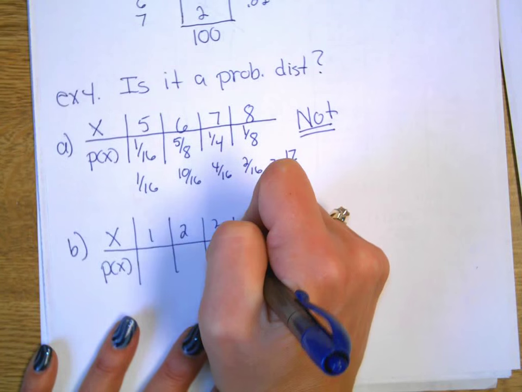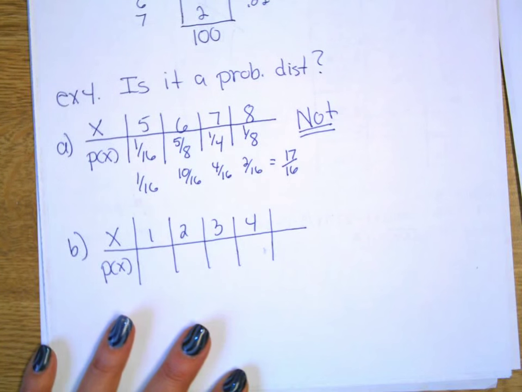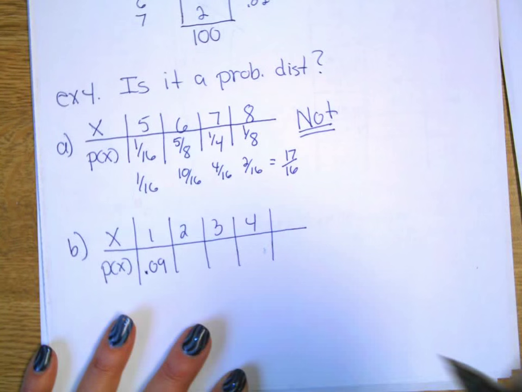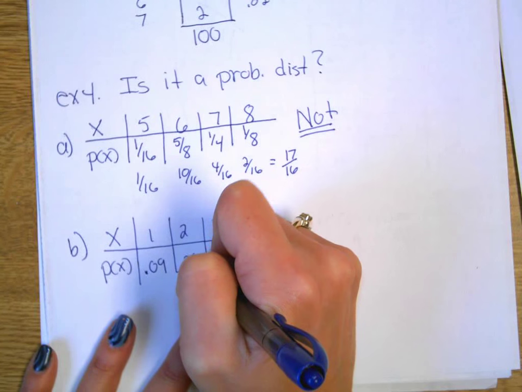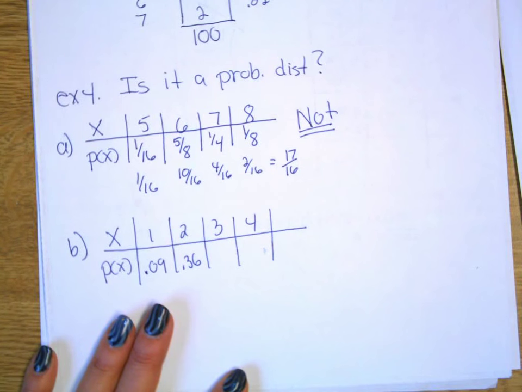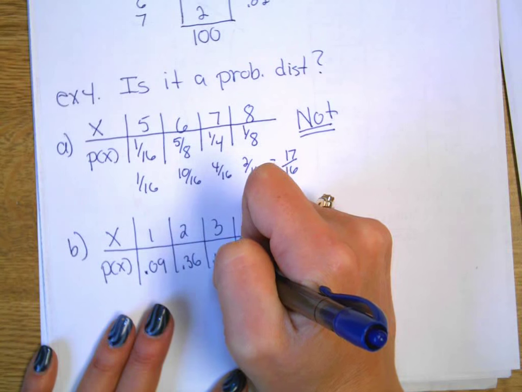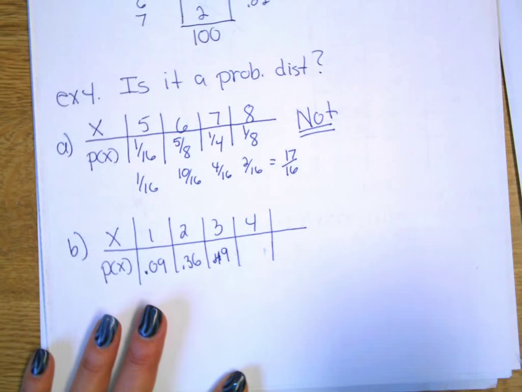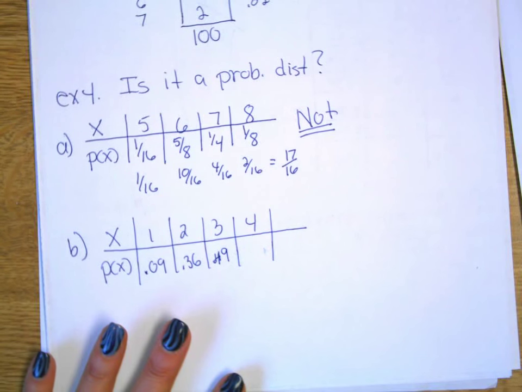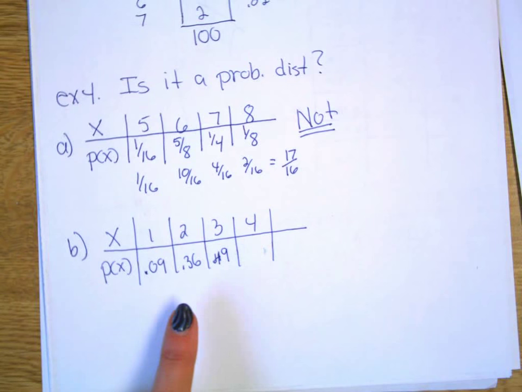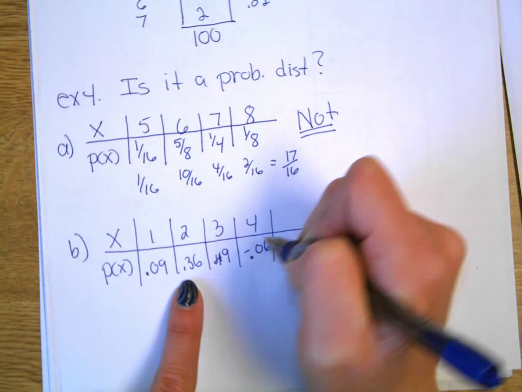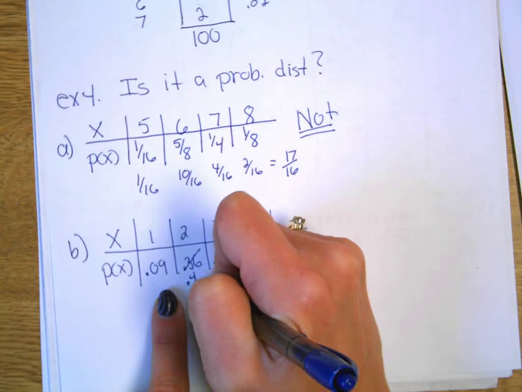Outcomes are 1, 2, 3, and 4. 0.09, 0.36, 0.49. Let's see, I should have had this better. I'm going to change this one to 0.42.